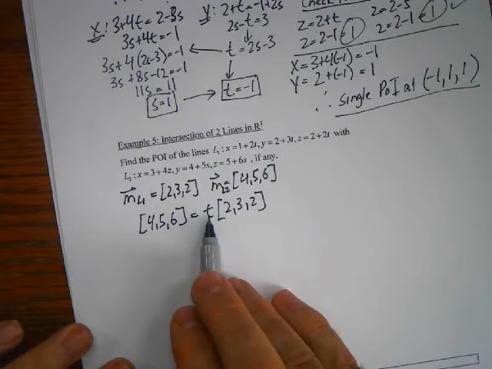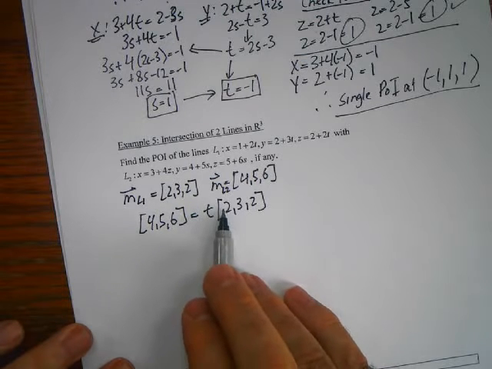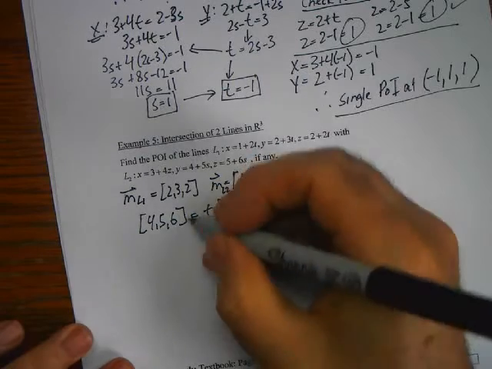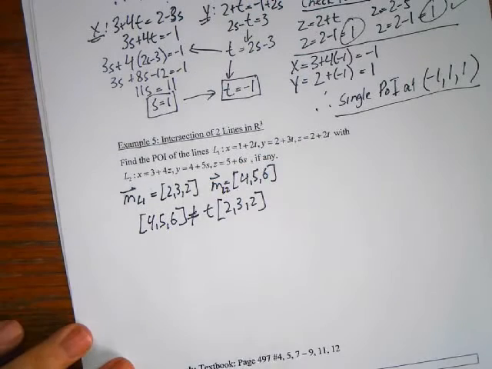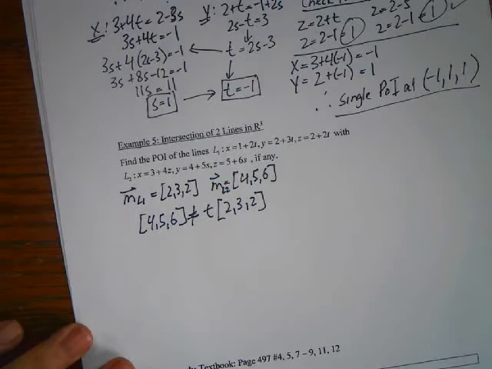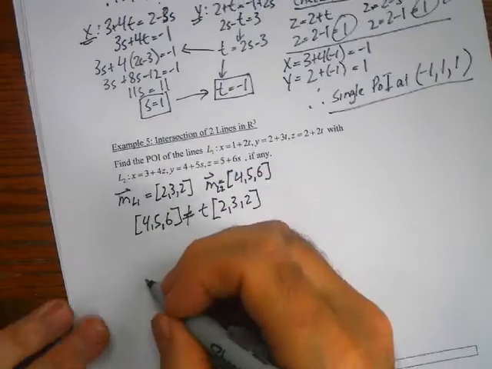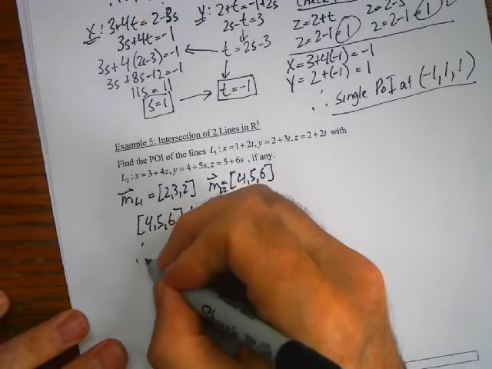So if I multiply this by 2, I get 4, 6, 4. Well, that's obviously not the same, so this does not work. So the direction vectors are not scalar multiples of each other, which means they're not parallel. So that's our conclusion. Therefore, L1 is not parallel to L2.